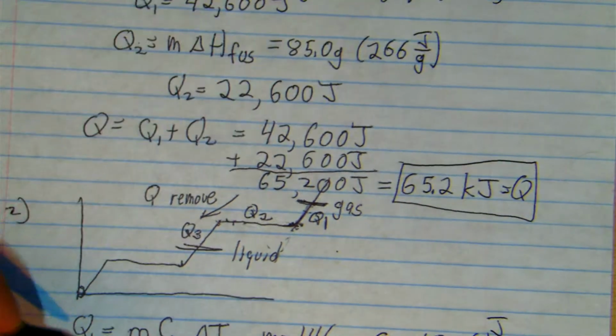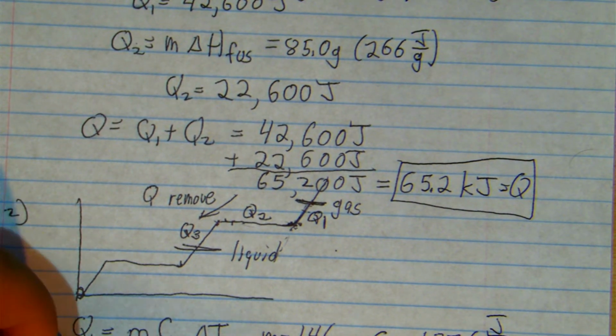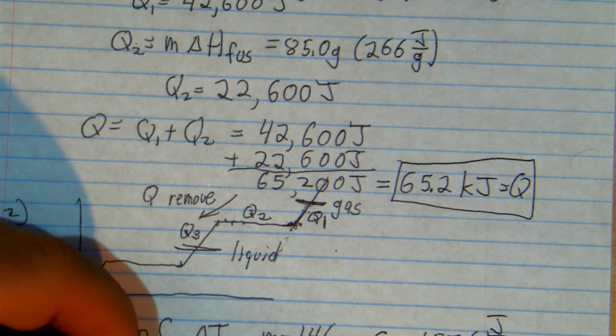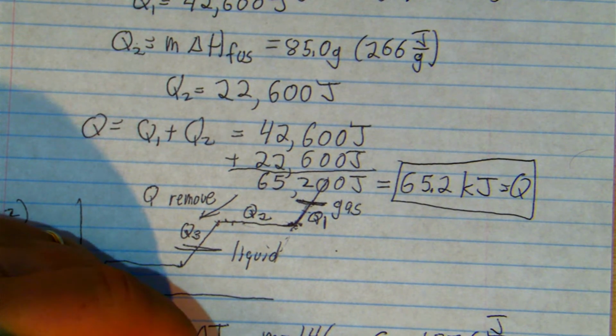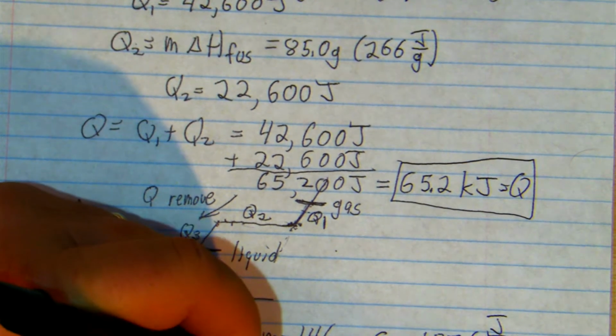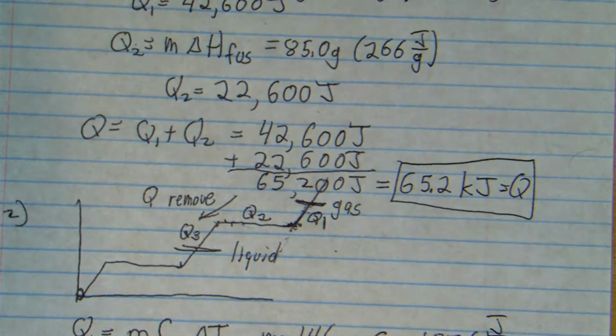All right, so I plug in the numbers. It's going to be Q1 is 146 grams times 1.376 joules per gram per degree Celsius times negative 35.0 degrees Celsius.